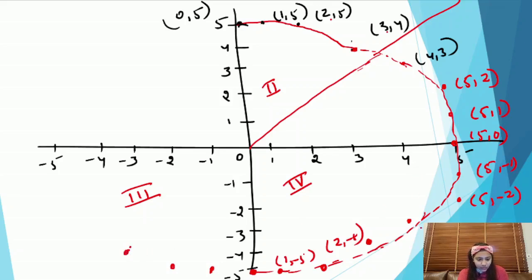Then this point was (4, -3), so here it will be (-4, -3). Then this point was (5, -2), so here it will be (-5, -2). Then (5, -1) becomes (-5, -1), and then (-5, 0). So this is the third quadrant of our circle.